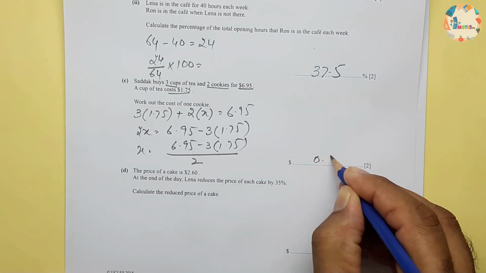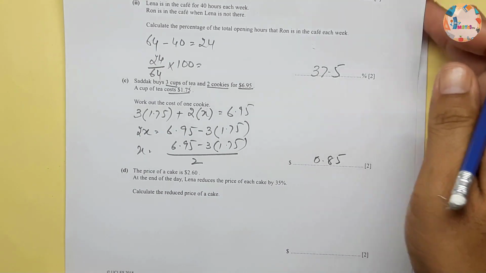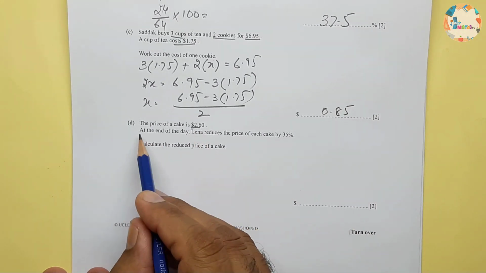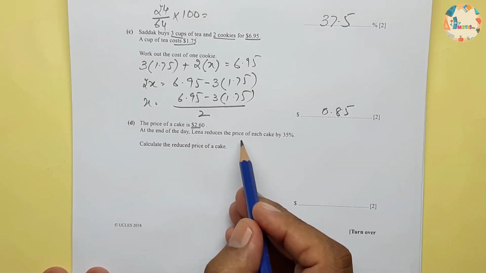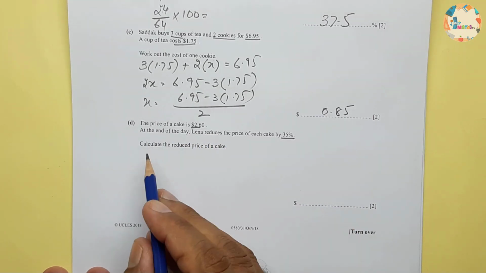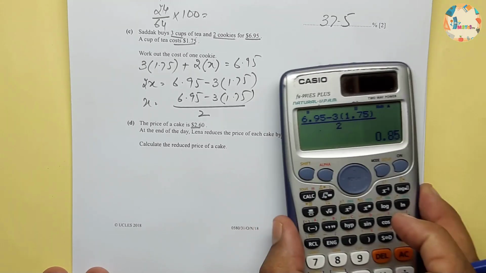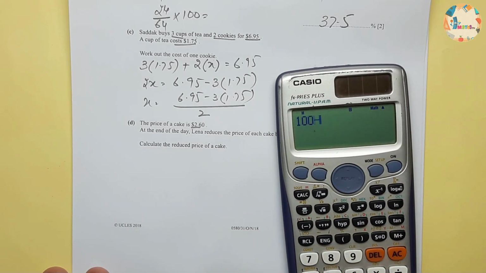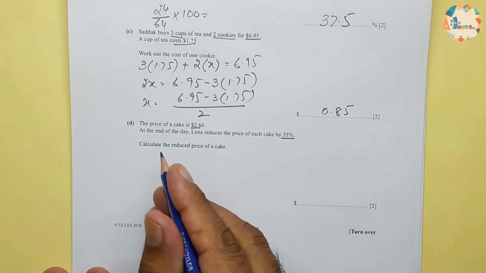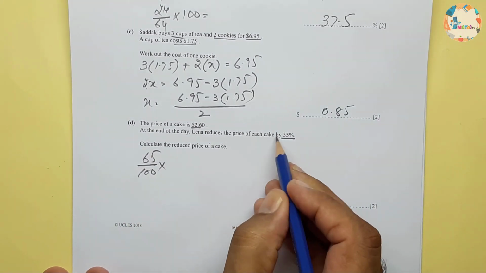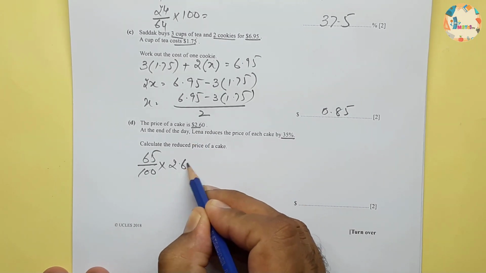We can write here $0.85. The price of a cake is this much. At the end of the day, Lena reduces the price of each cake by 35%. So we'll calculate 100 minus 35, which will be 65. So we'll calculate 65% of the price, which is 2.60.